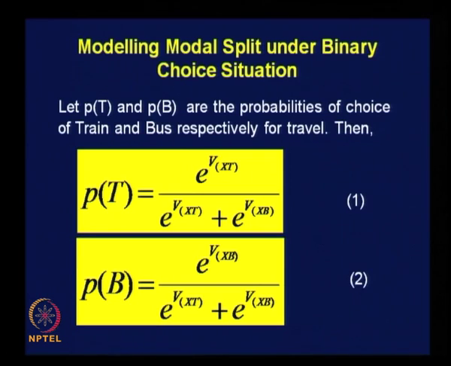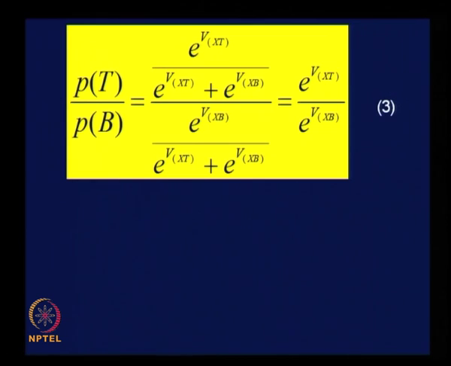Isn't it? Now let us do a small manipulation to get the final intended result of a simple linear regression equation. You just divide the probability of choice of train by probability of choice of bus, Pt by Pb, which can be written as shown here.